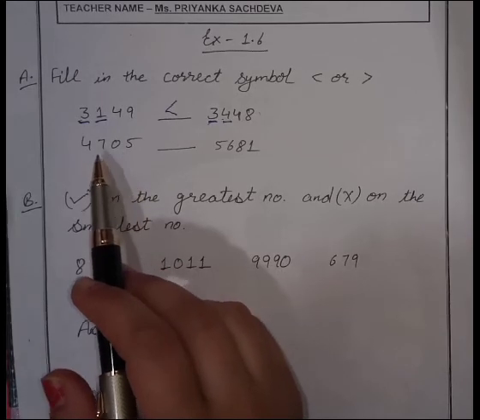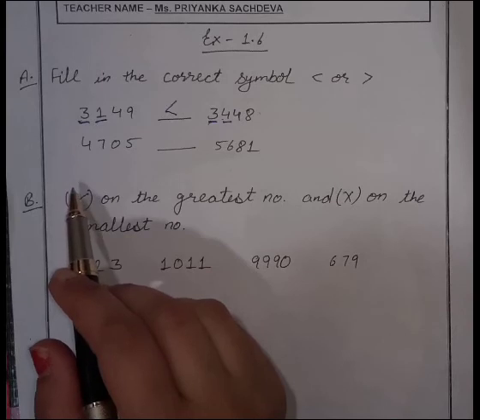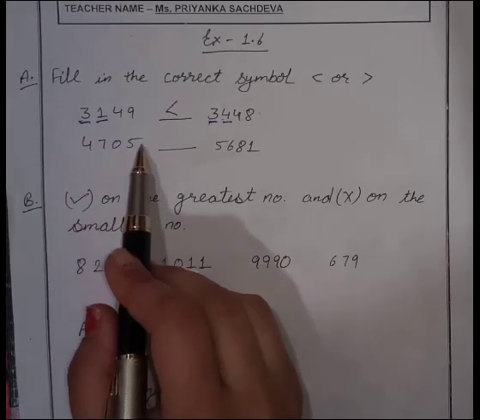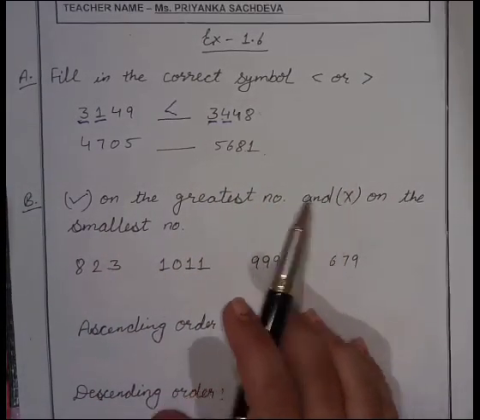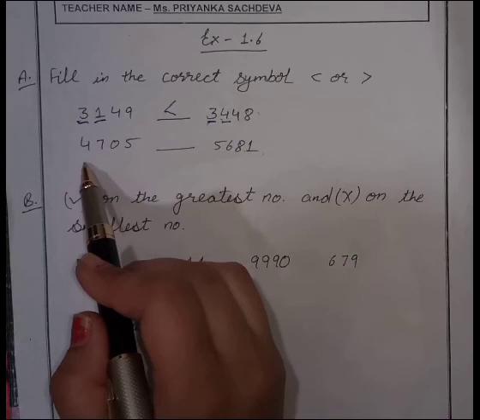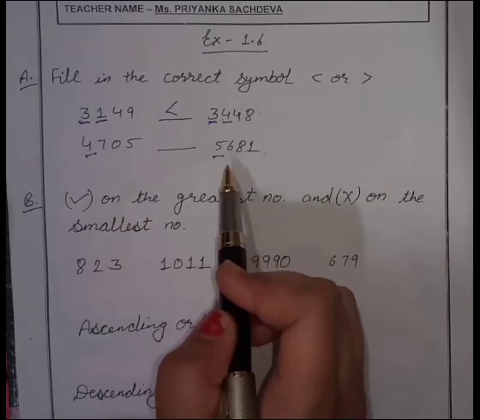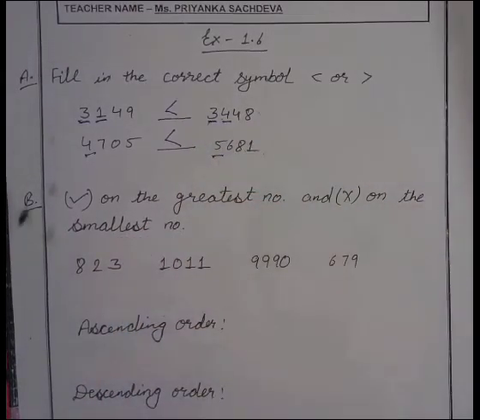Our next part is same process. First step is check the number of digits. 1 2 3 4, 1 2 3 4, 4 digits are there on both sides. Now check the first digit. Here first digit is 4 and here 5. It means this one is greater, so we will write like this.